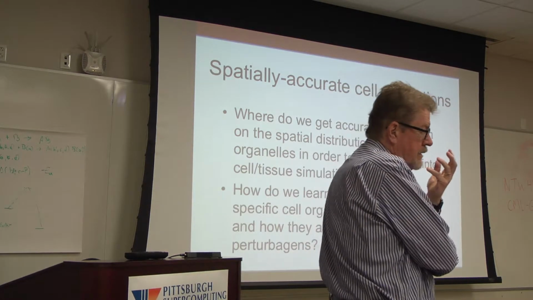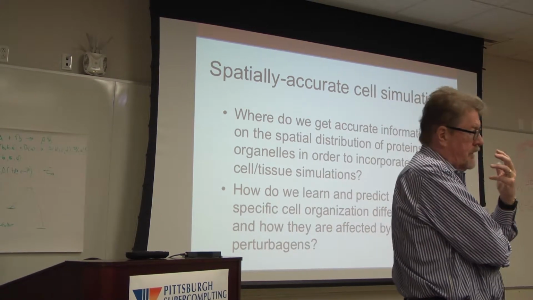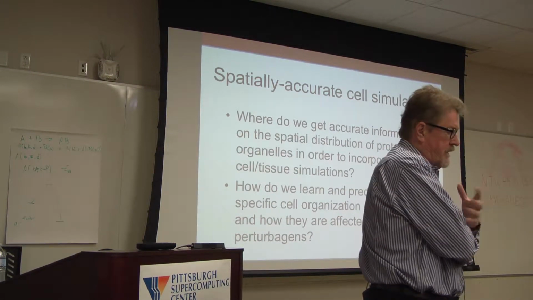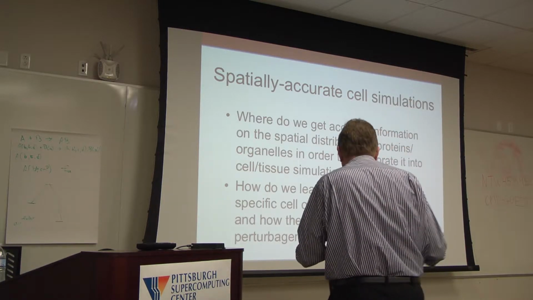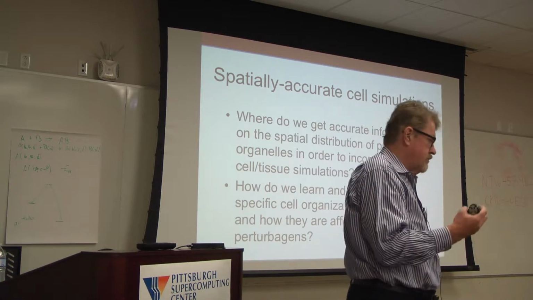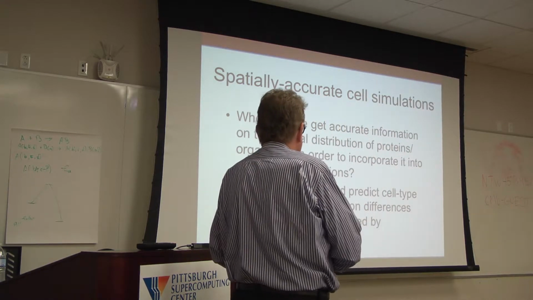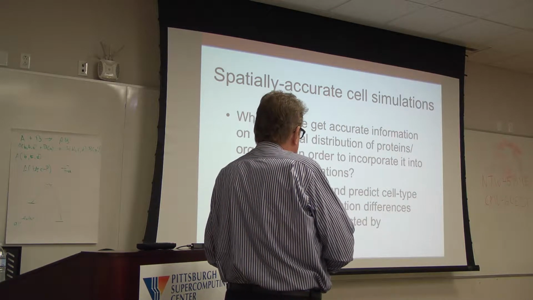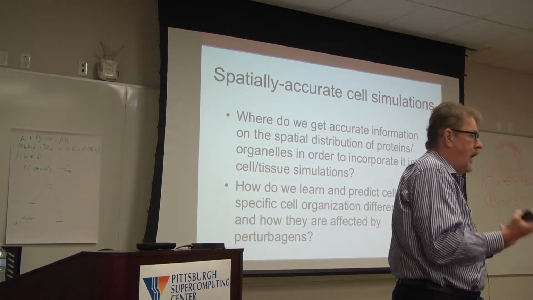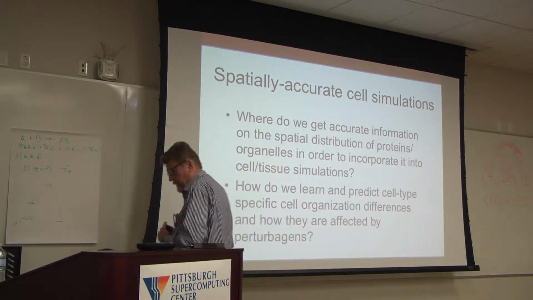And that means that we naturally think of using some kind of microscopy, especially fluorescence microscopy, to try to collect information about where things are within cells in order to put that together such that we could eventually simulate in a spatially realistic way, maybe a whole cell process. But the question is, how do we get geometries that are accurate for many, many different parts of a cell?